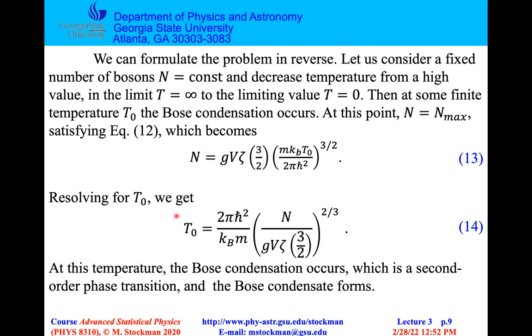Then I can solve for T0, and I find the critical temperature, which would be this coefficient, 2 pi h squared divided by m k_B, and then the rest, n divided by this, to the power of 2/3. So this is the actual temperature of the phase transition, because Bose condensation is nothing else but a second order phase transition.